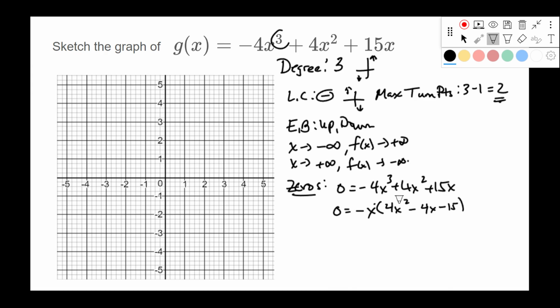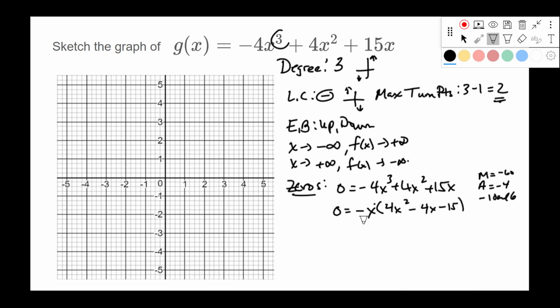We could do that with AC, we could do it with slide and divide, however you want to do it, guess and check. My two numbers would have to multiply to be negative 60 and add up to negative 4. So that would be negative 10 and 6. Those would be my two numbers if I do it with AC.